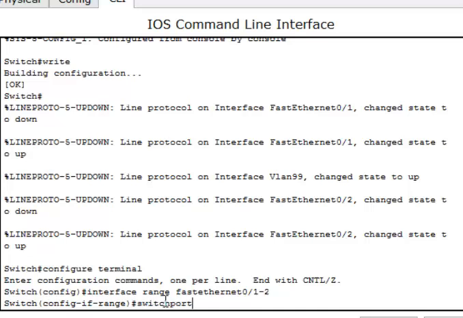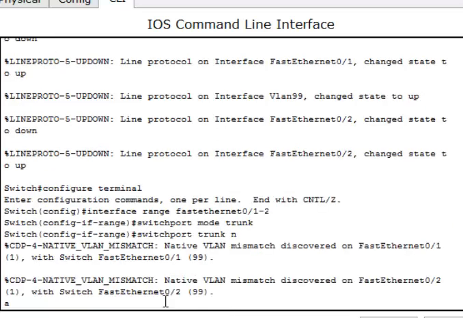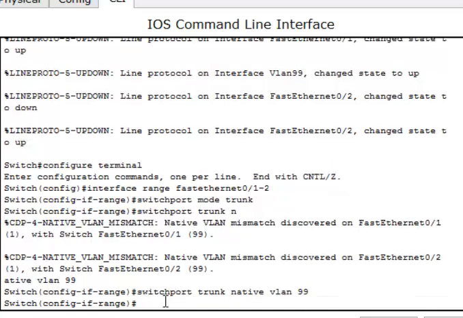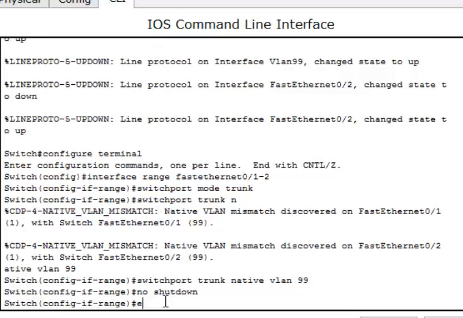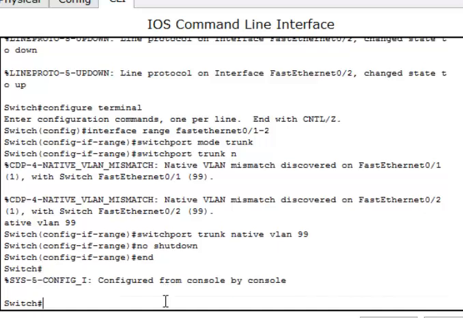Type switchport mode trunk, switchport trunk native VLAN 99. Type no shutdown and end, and type write to save.